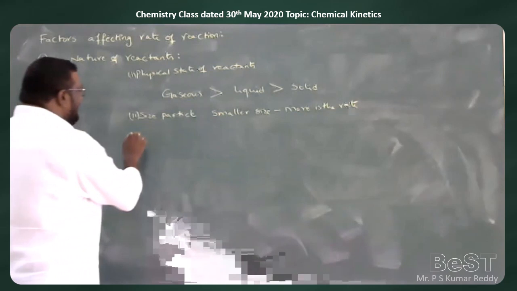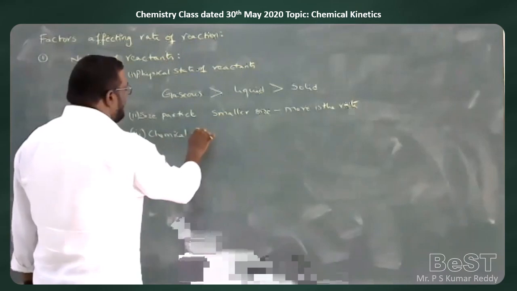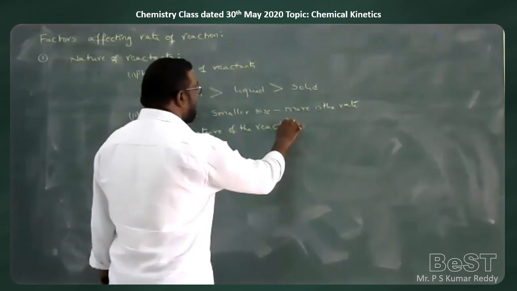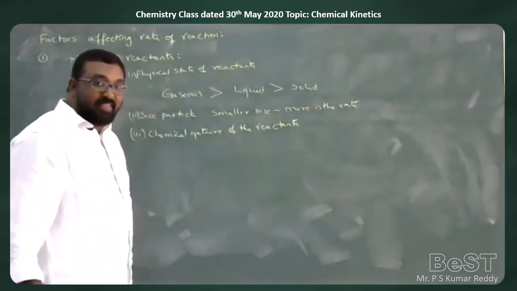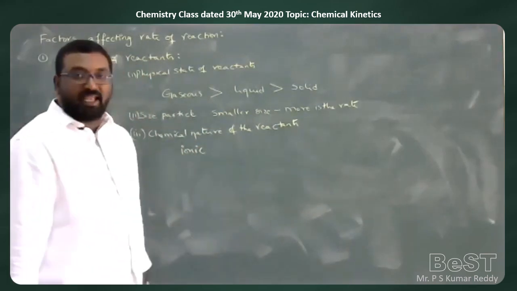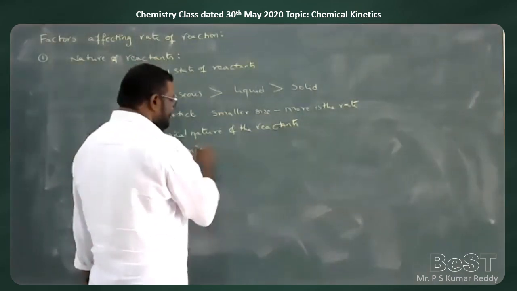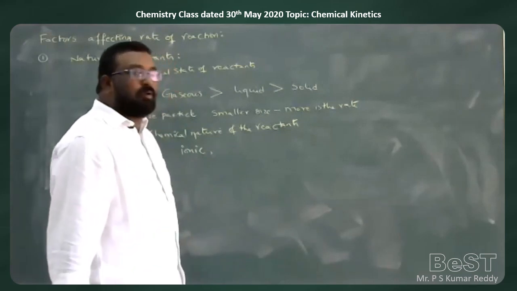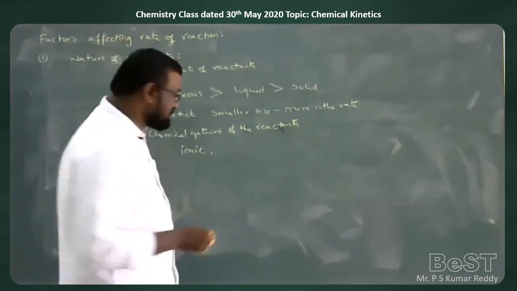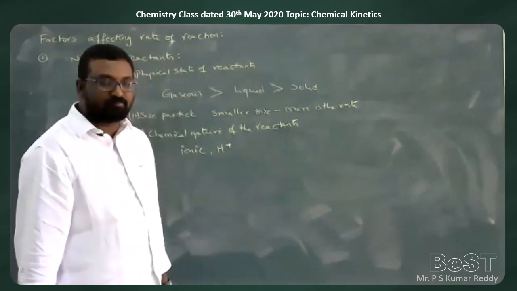Next, chemical nature of the reactants. If the reactants are ionic, then the rate of the reaction will be more. If the reactants involve exchange of protons, that is H plus ions, then also the rate of the reaction will be high.